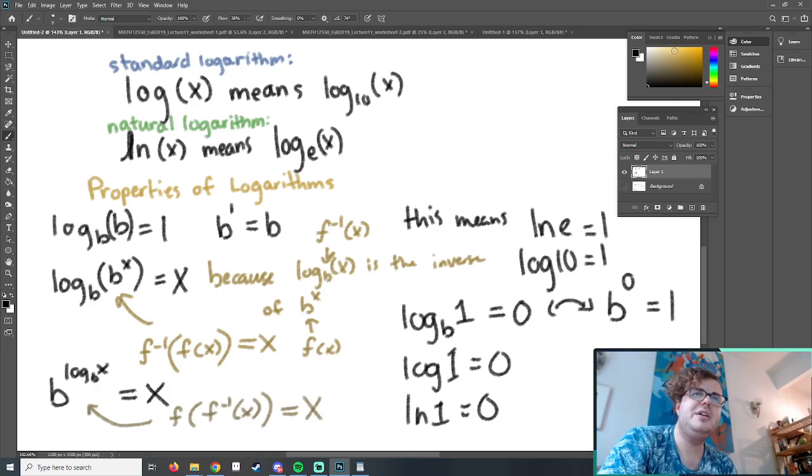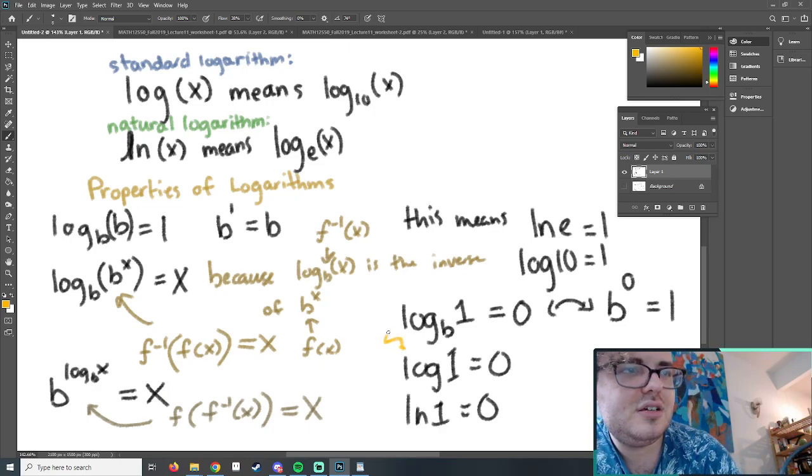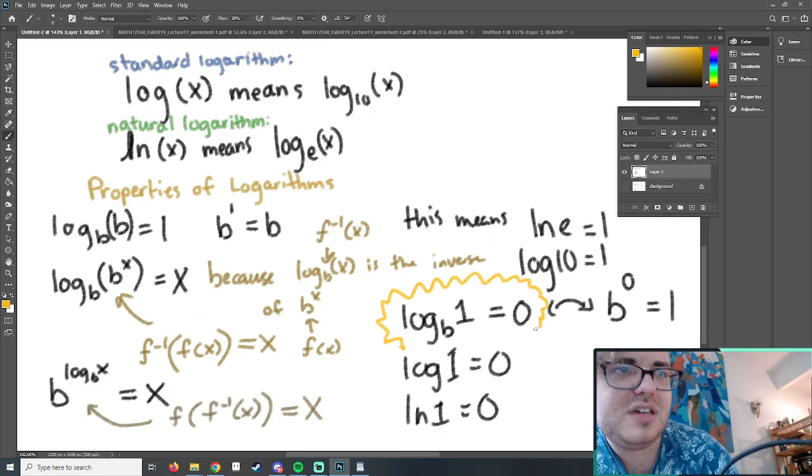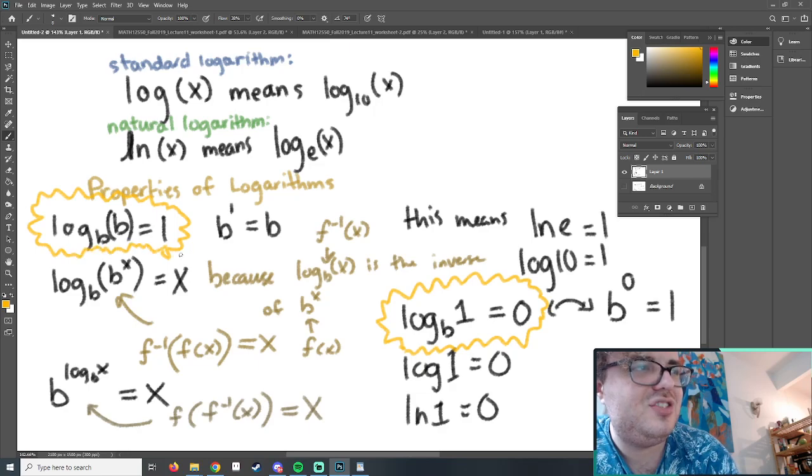The real important ones here, which I'll highlight in gold: log base b of 1 equals 0 is important. Log base b of b is 1 is sort of important, technically speaking. It's just a special case of this one, which is the really important one: log base b of b to the x equals x.